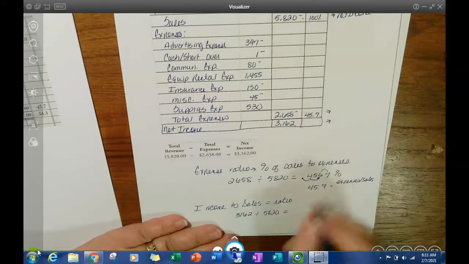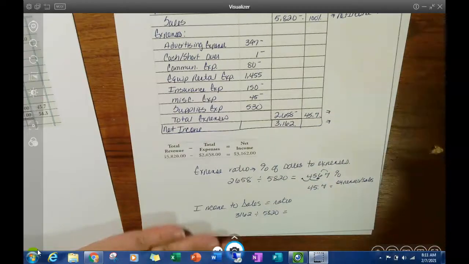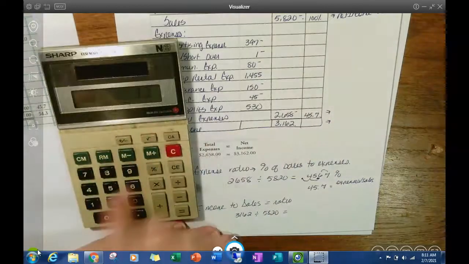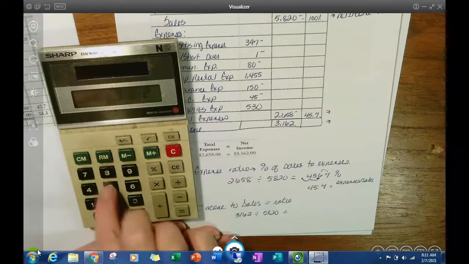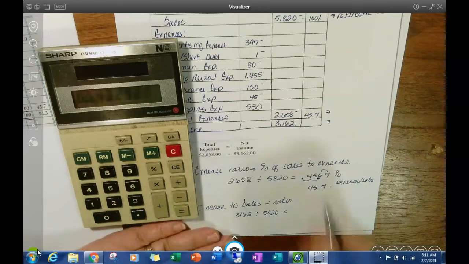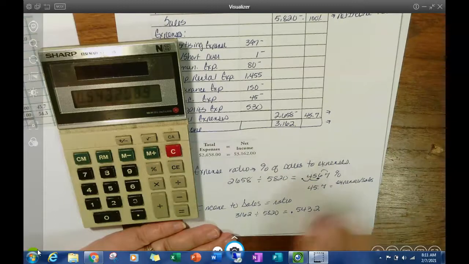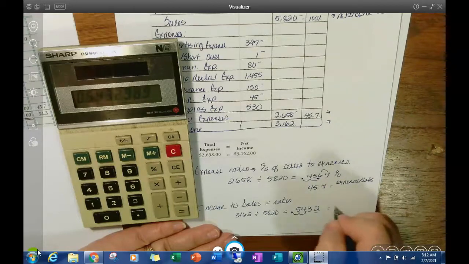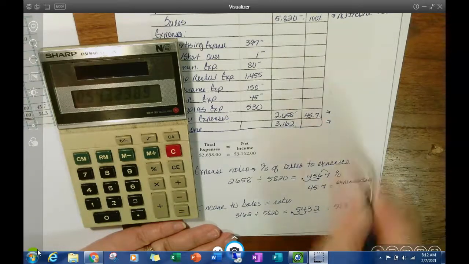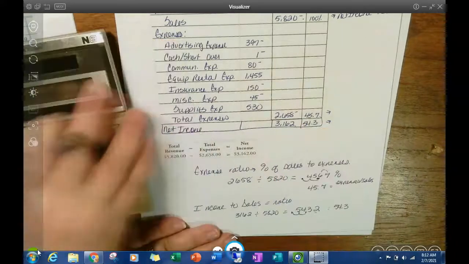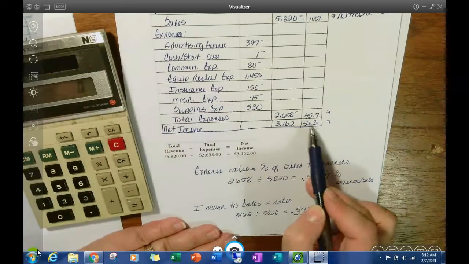You are going to come up with 0.5432. Move your decimal over 2 places. This is a 2. You don't need to round. 54.3. You put that in your net income to sales column.